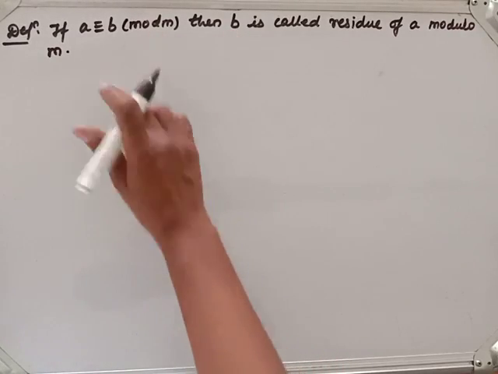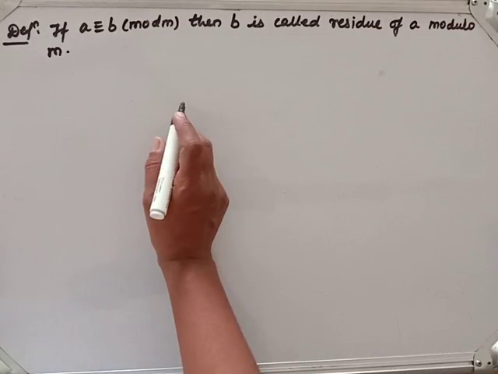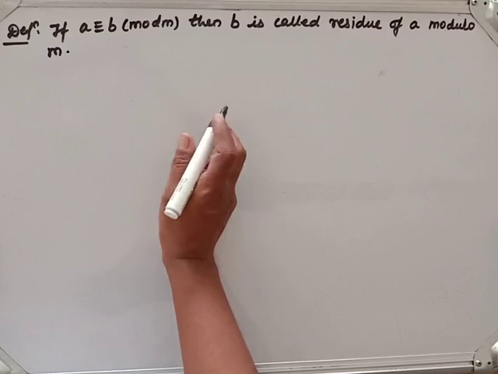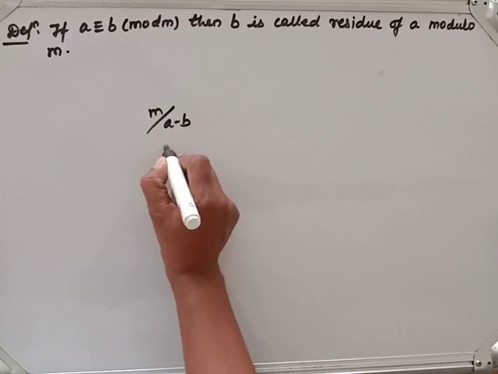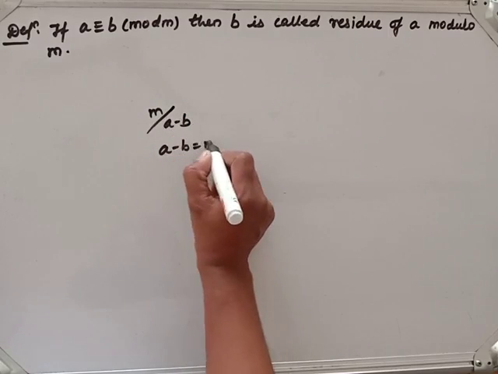What we get here? M divides A minus B. So A minus B is equal to M into K. Look here: M divides A minus B, that is A minus B is equal to M into K.